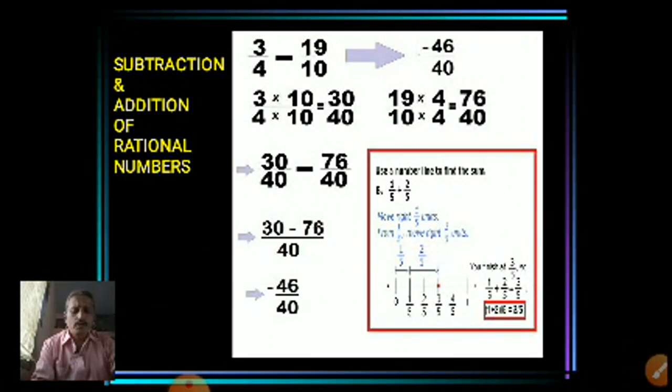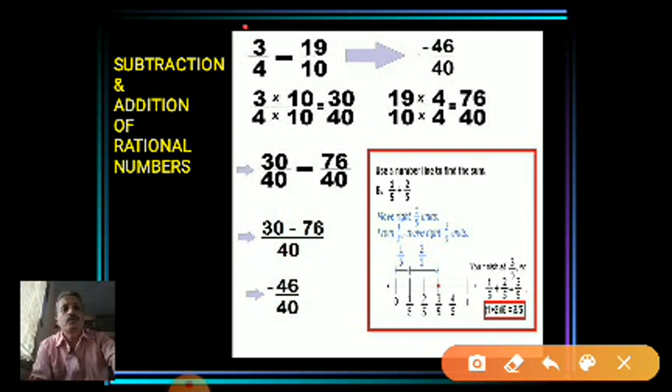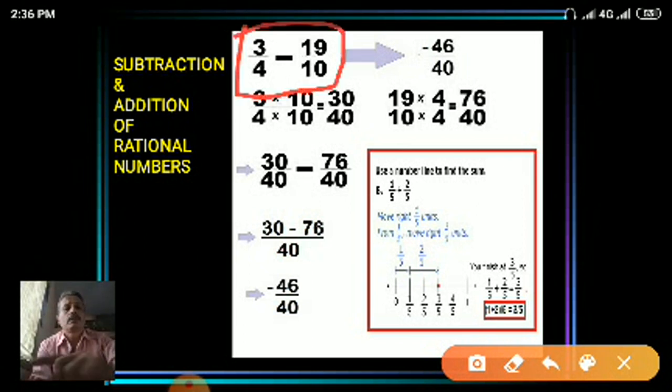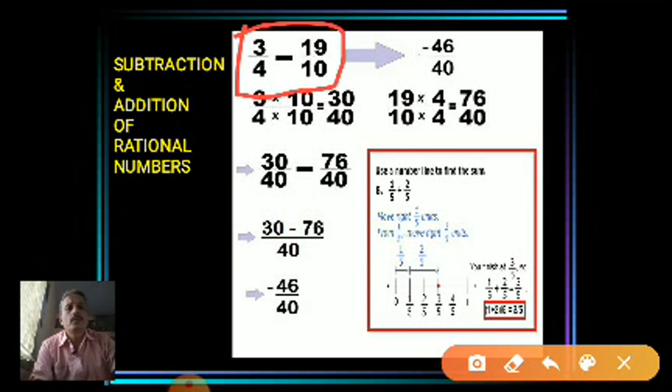Now, how to add and subtract two rational numbers? First, I want to take an example of subtraction. The question is here: 3 upon 4 minus 19 upon 10. Yes, subtraction of two rational numbers.